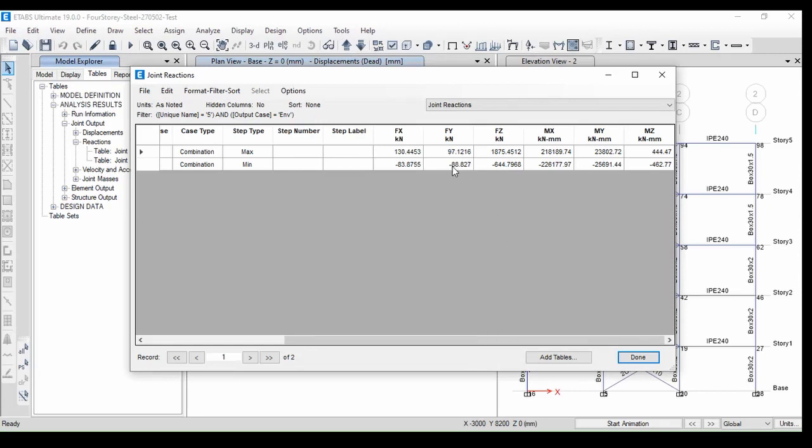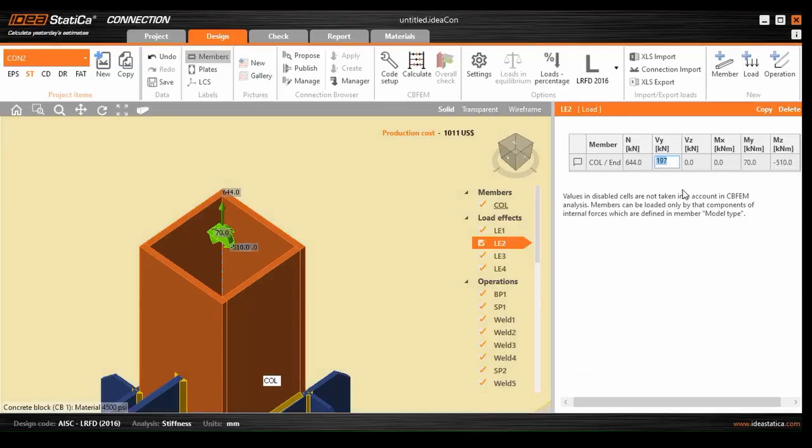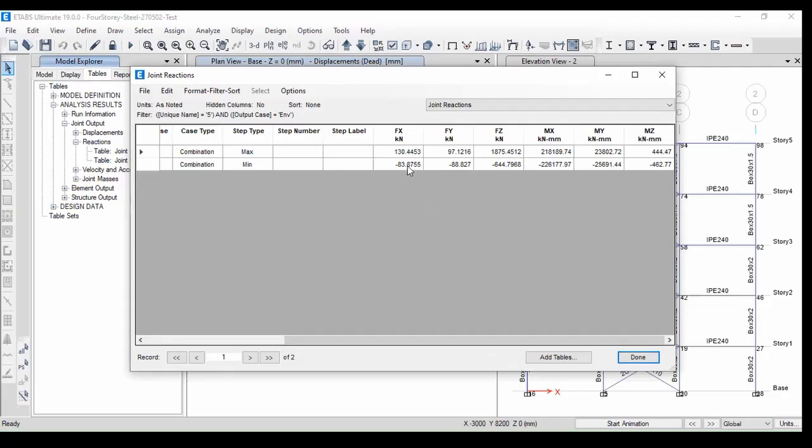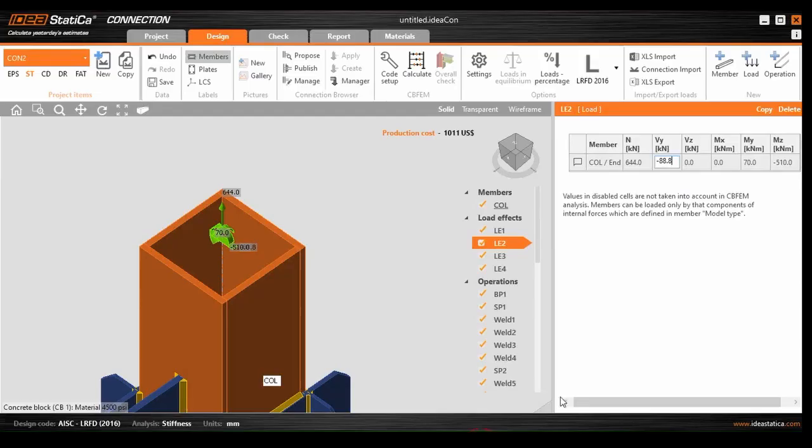VY is minus 88.8. Minus 88.8. Vx is minus 83.8. Minus 83.8. And 0.